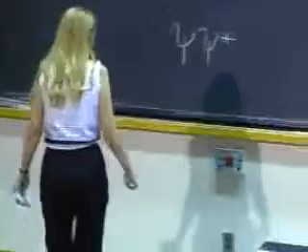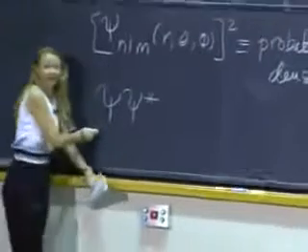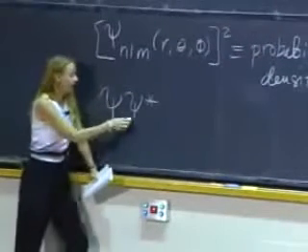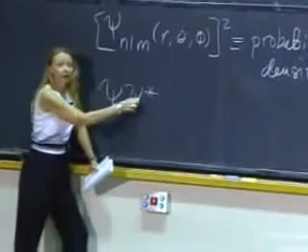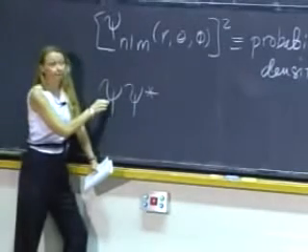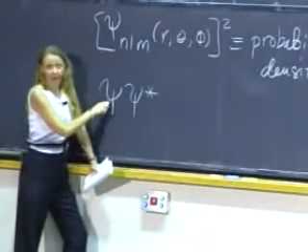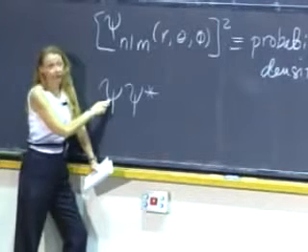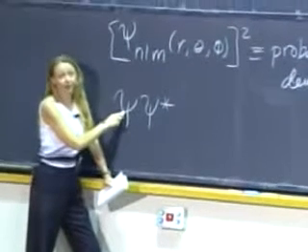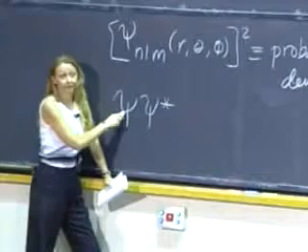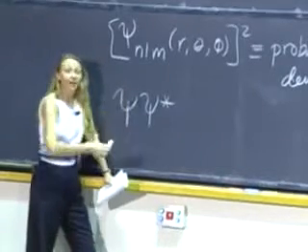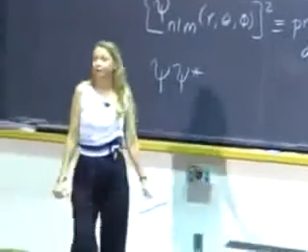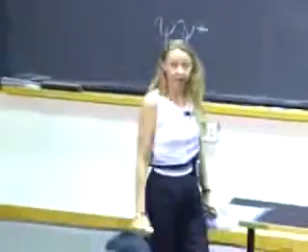So the more comprehensive definition is psi times psi star, and when you multiply psi by psi star, if psi is a complex function, you get a real function. This is the more comprehensive definition of the probability density. We won't use that. I just wanted to let you know about it. Okay. So probability density.